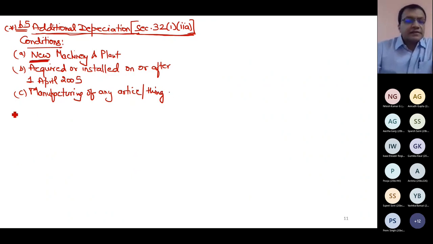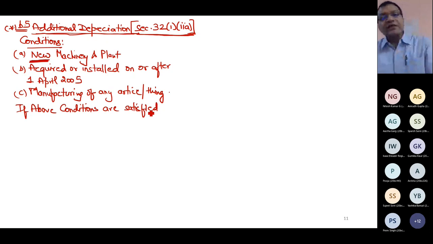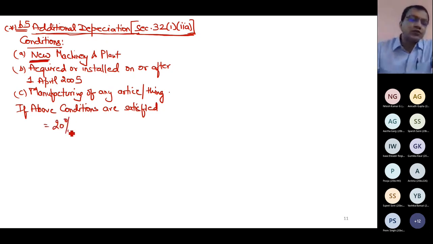Then if the above conditions are satisfied, whatever depreciation normally you are entitled to claim, you will claim, but something additional, 20% of actual cost, is allowed to you as additional depreciation.